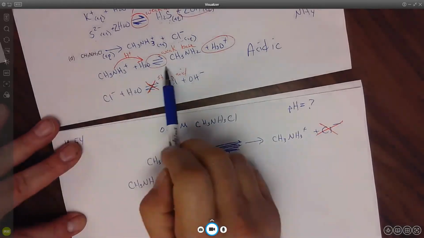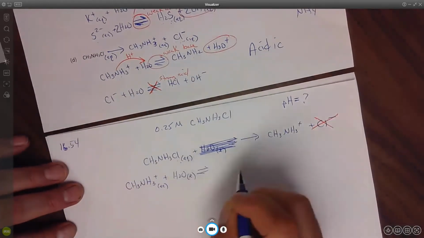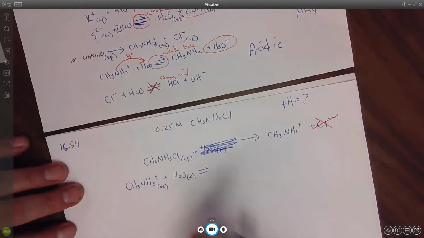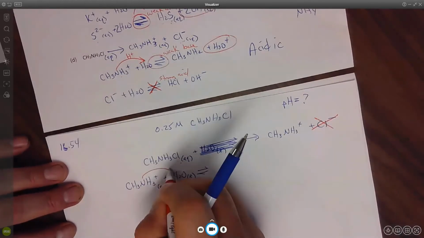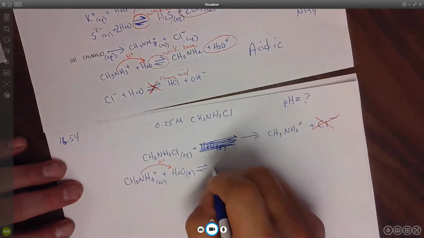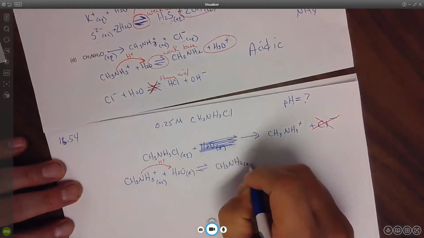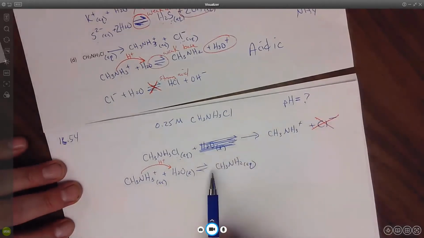So it's this reaction right here that we just discussed, right? It's going to donate a proton to the water. So it's going to form CH3NH2, again aqueous.